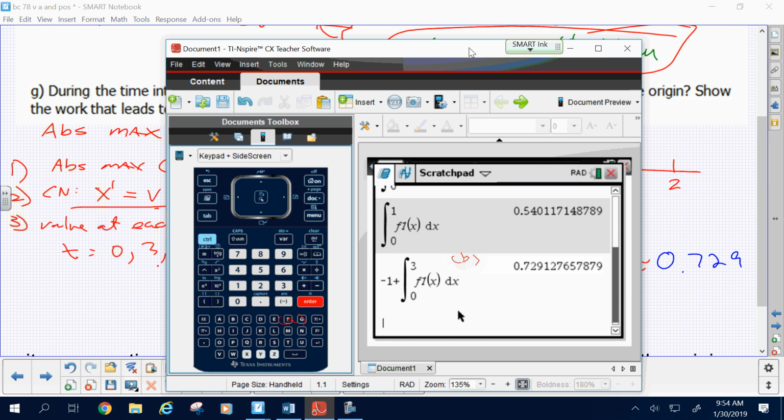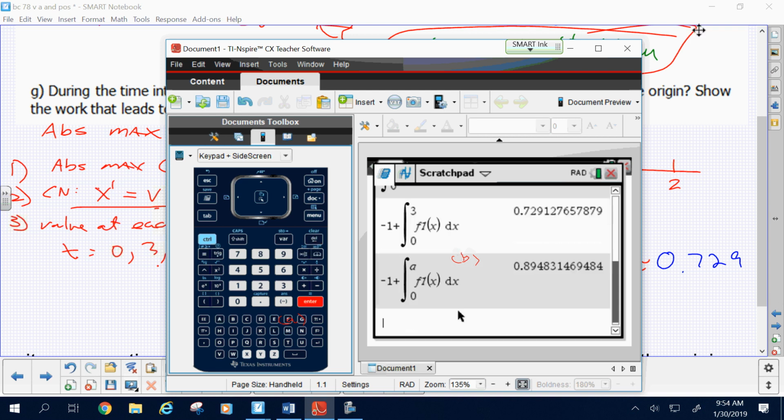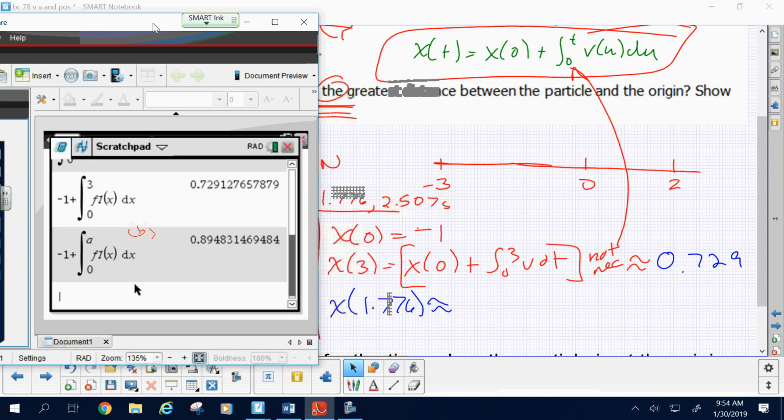In terms of time on the AP test, if you just go back and recall that and type over the 3 with an A, 0.8948. Do you agree with that value?